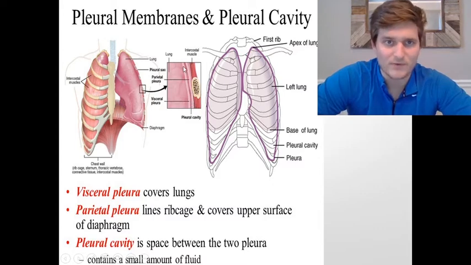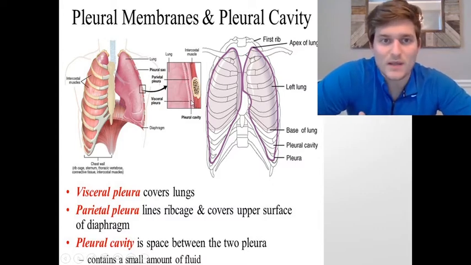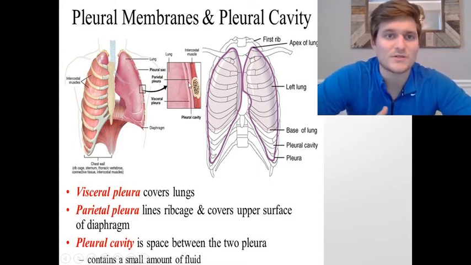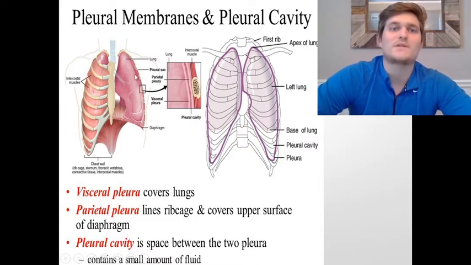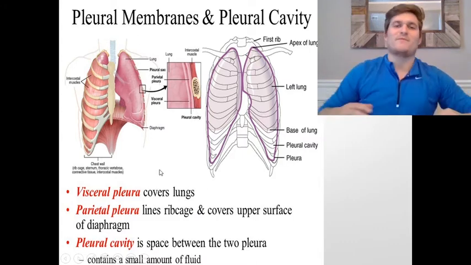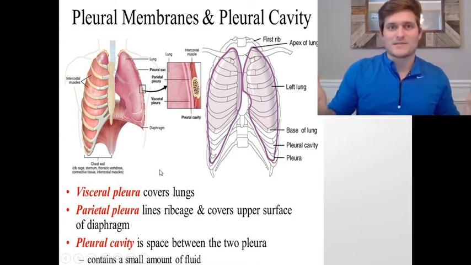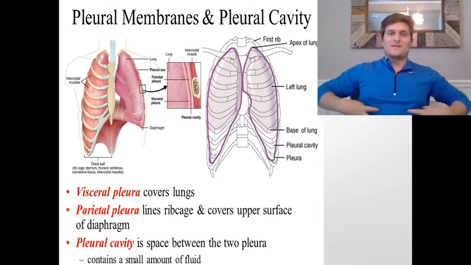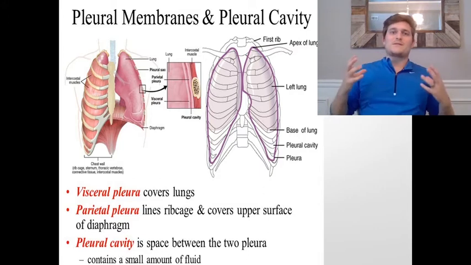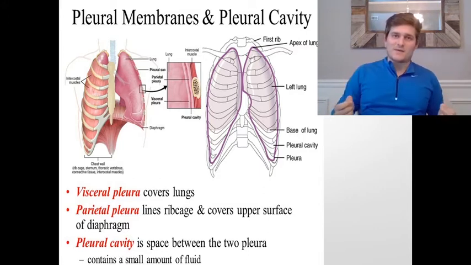And this pleural cavity, it has a pressure, and the pressure is always going to be lower than the alveoli and is always going to be lower than the atmosphere, as long as the lungs aren't punctured. And what this ensures is that the lungs always stay partially inflated with some sort of air inside.